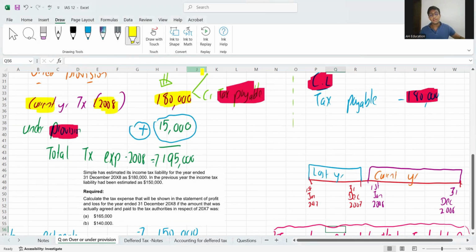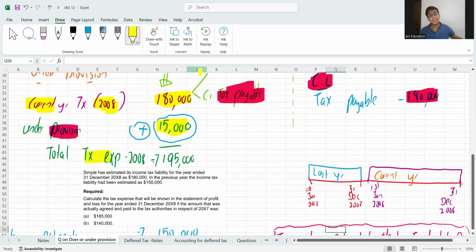Finally, you all need to show something in your current year. For 2008, you all need to show an income tax expense, right? Under your profit or loss. So under your profit or loss, rather than showing only 180,000, you will include your 15,000 as well.